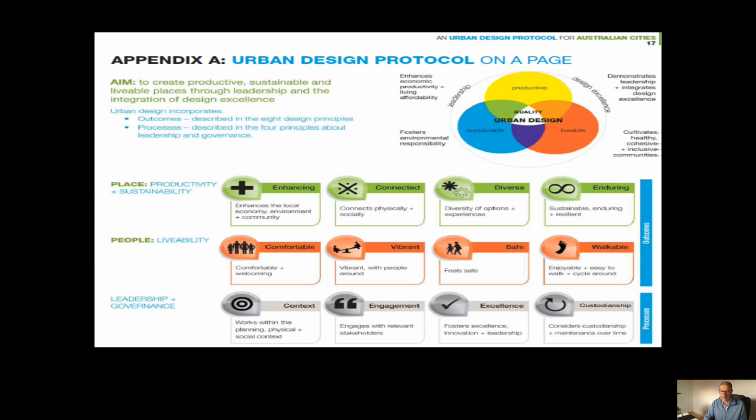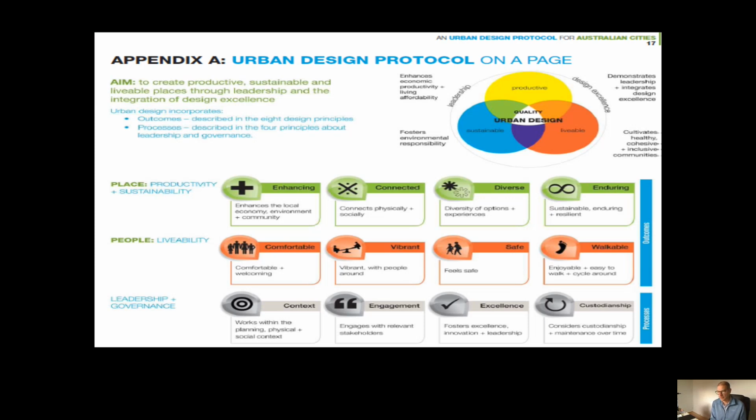And if we do that, we show good leadership and governance by working with our local councils and sport to make it work. So we look at it in context of the physical and the social context. We engage through good community stakeholder relationships and consultation to make sure it works. We foster excellence. We look at innovation about what we want to try and achieve. What does council want to do?